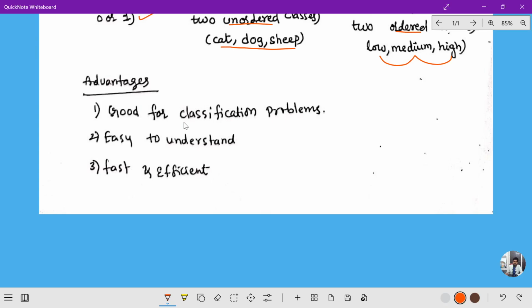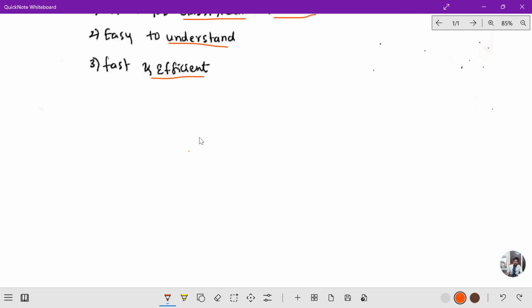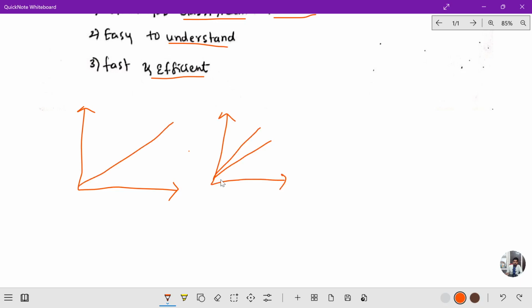Now let me show you the final graph difference between simple, multiple, polynomial and logistic regression types. The first one is simple linear regression. Please remember all of you, this is called simple linear regression. When I say multiple, this is called multiple linear regression.